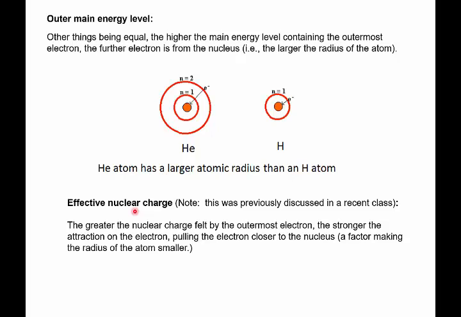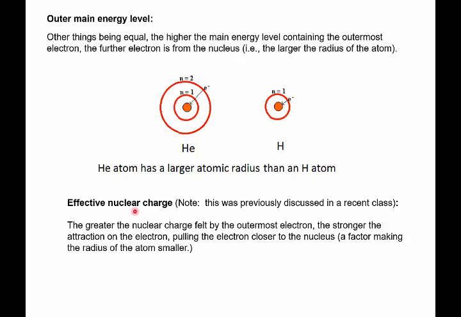In the helium atom, the outermost electron is in the second main level. It's relatively far from the nucleus, compared to a hydrogen atom in which the outermost electron is in the first main level. Closer to the nucleus, therefore the hydrogen is a smaller atom.